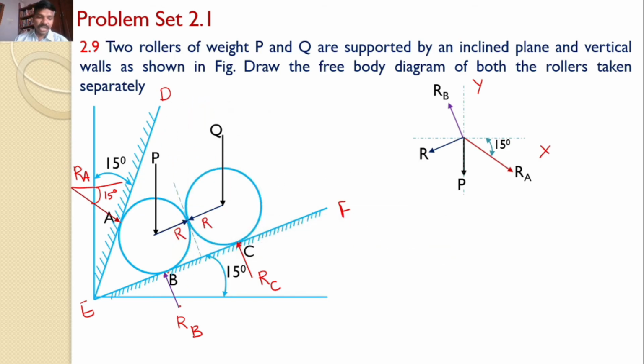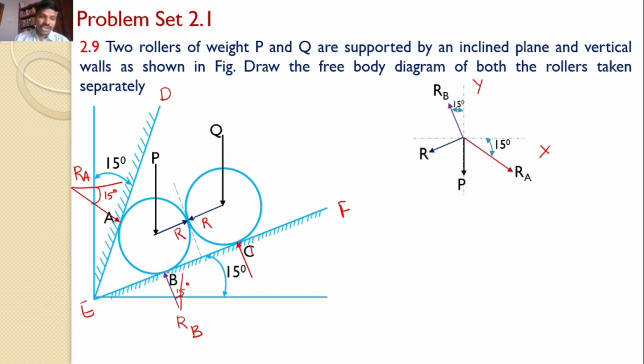Let us extend the same concept for the reactions RB and RC. RB is perpendicular to EF and EF makes an angle of 15 degrees with the horizontal, hence RB makes the same angle of 15 degrees with the vertical. Now the R force.